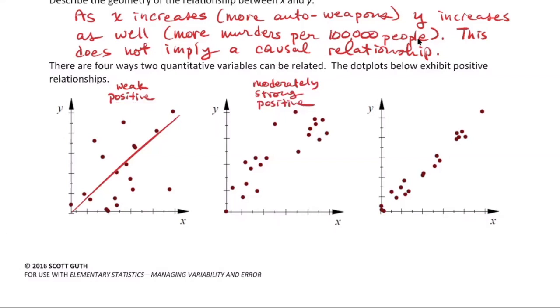Okay, the next one, the points are really close to sort of a line or a curve. When that happens, we have a high degree of predictability. So the strength of a relationship is really about how well you can use one variable to predict another. So this one's a strong relationship.